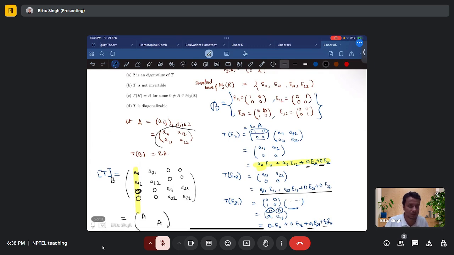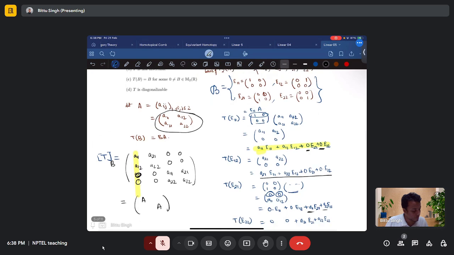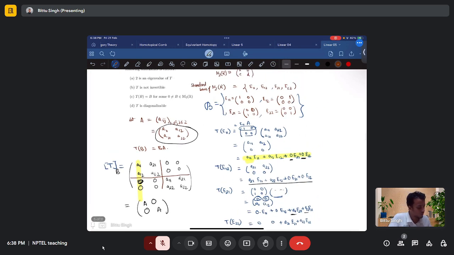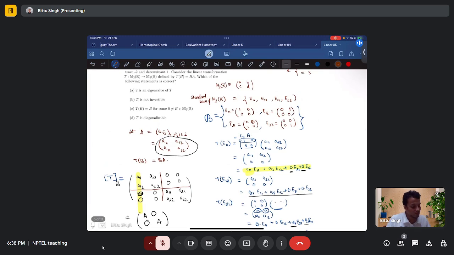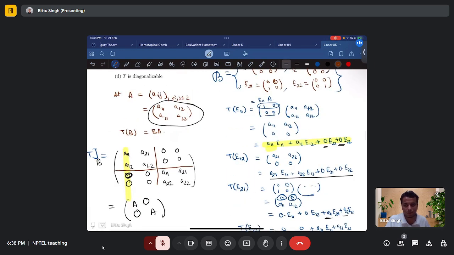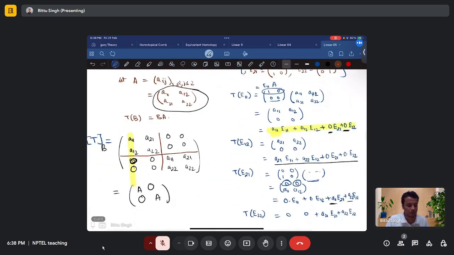Because A denotes this matrix. So A, A, and the off-diagonal entries are 0 by 0 matrices. You can see this is a block diagonal matrix whose diagonal blocks are A and the rest are 0. If you practice these kinds of problems, you can easily see it will take the form of a block diagonal matrix.